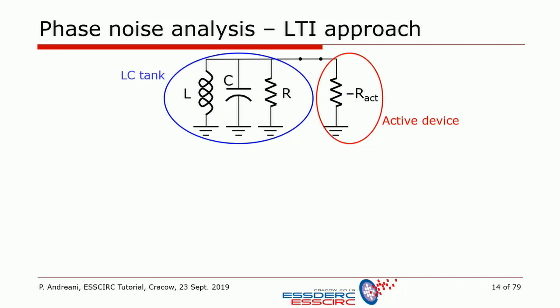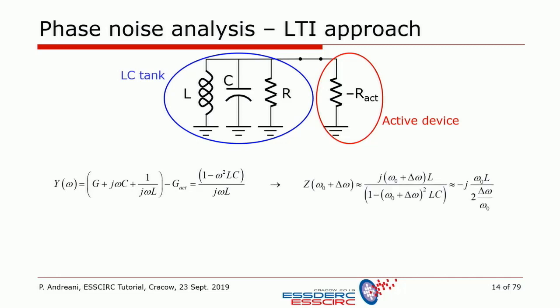So let's go back to the question. How do we go about calculating the phase noise? We can always start with the simplest approach, which is a linear time invariant approach, basically the one that you would use to analyze a low noise amplifier, where signals are very small compared to the bias point of the circuit. And then we can add a further simplification.